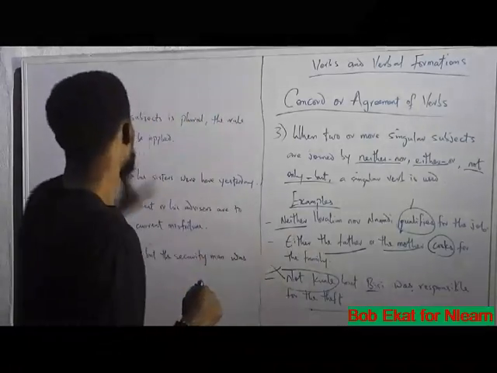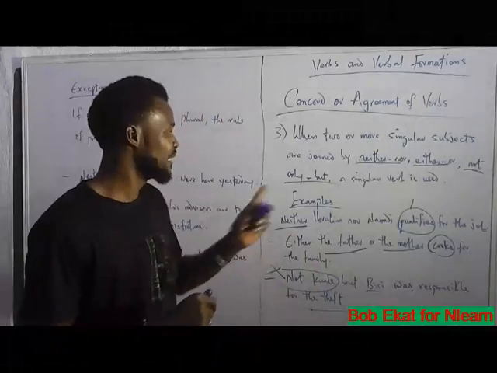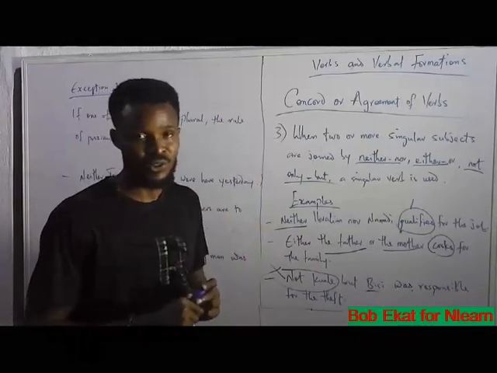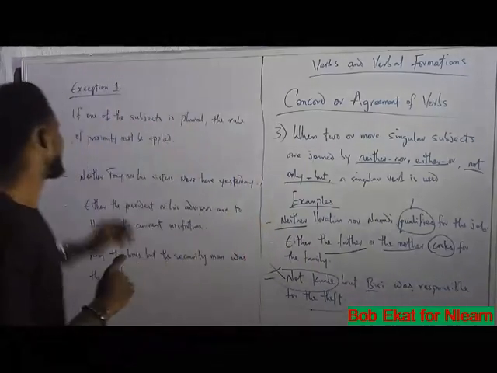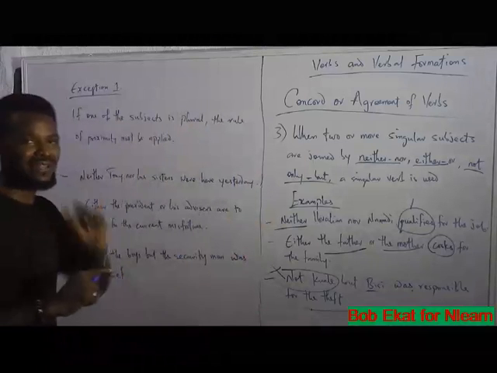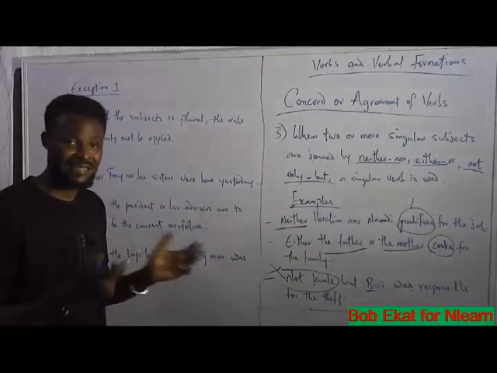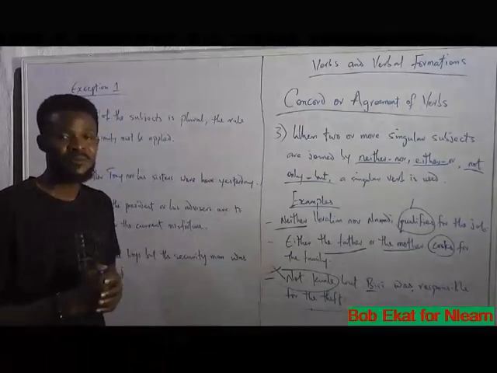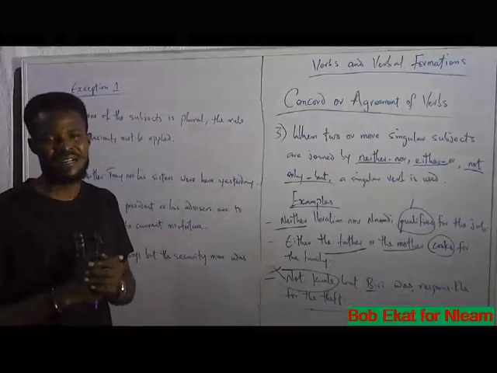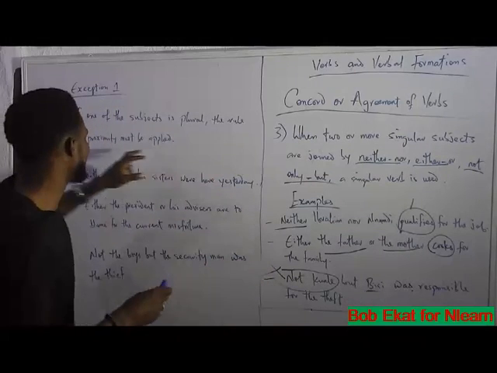Moving on. There's an exception, rather, to this third rule. And that exception is if one of the subjects is plural. If there are two subjects in a sentence of this nature, and one is plural, then you invoke the rule of proximity.